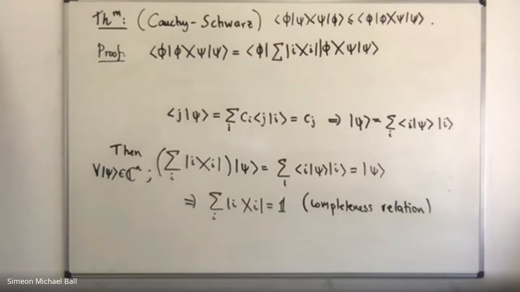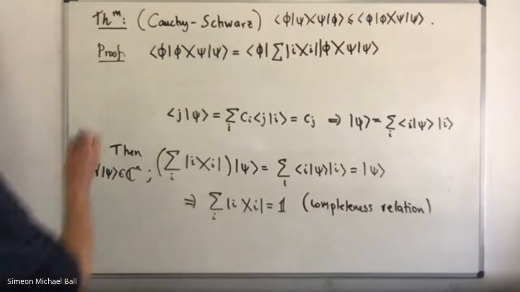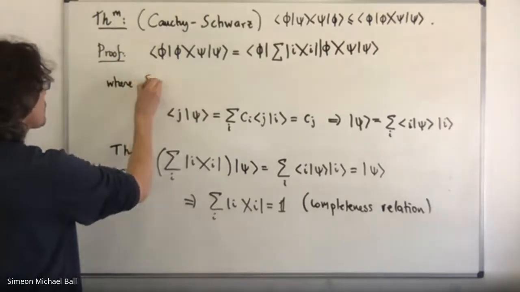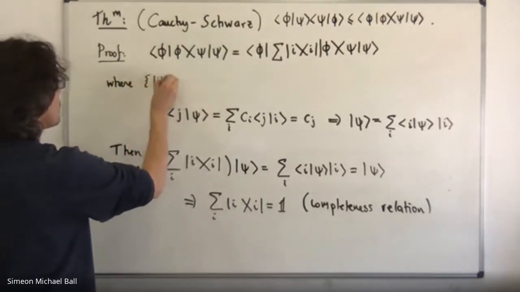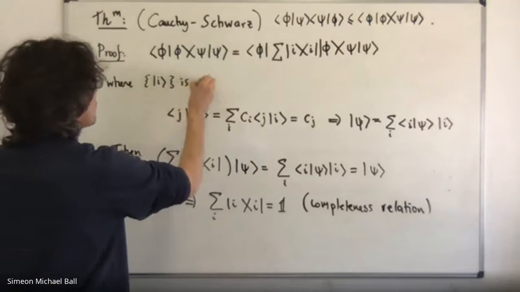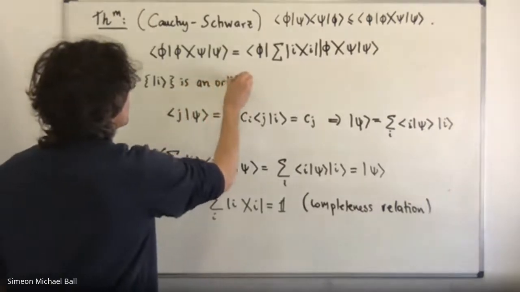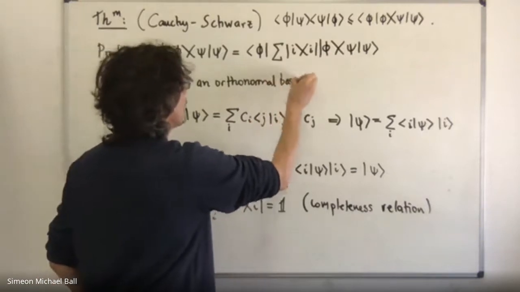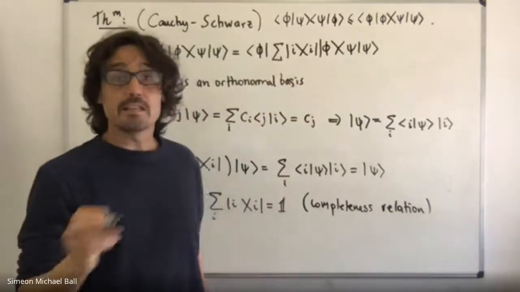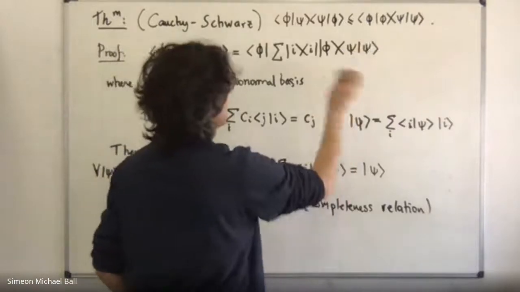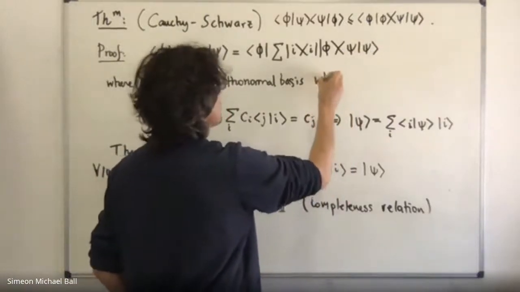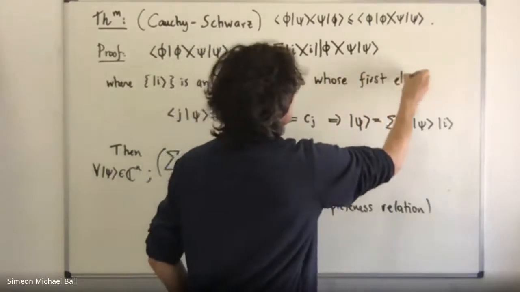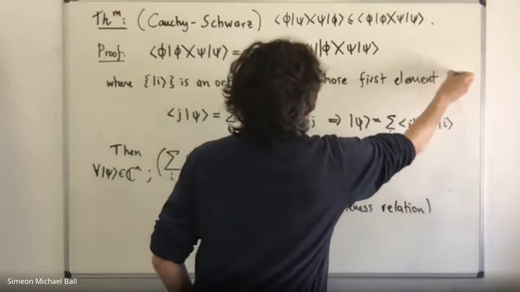And the argument is that this I, this orthonormal basis, whose first element in this basis is going to be our psi, basically.